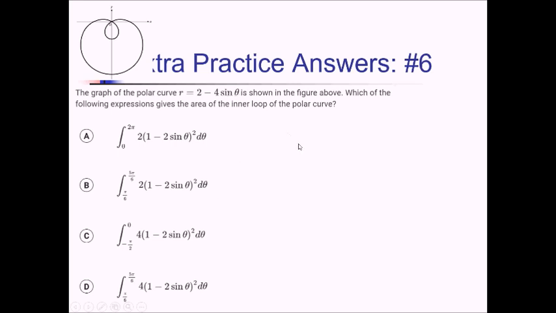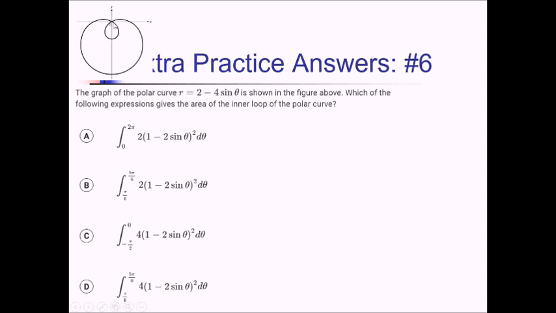The first thing we're going to figure out is our limits of integration, because we have some different options here. 0 to 2 pi, pi over 6 to 5 pi over 6, and some other things. So if I want to get this inner loop, the angle where this inner loop begins and ends, those are going to be the angles where this function is hitting the pole, which basically means that my r value needs to be 0, because at the pole you have a distance from the origin of 0.